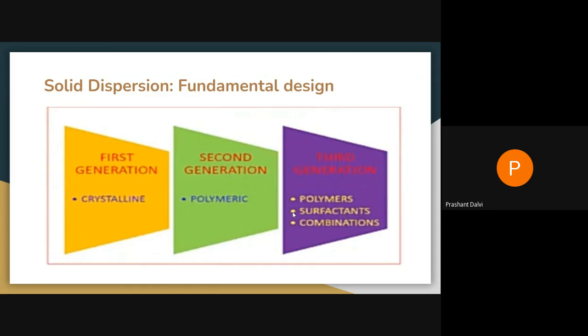And in third generation, polymers, surfactants, and combinations of both polymers and surfactants are generally used. So these are the different types of solid dispersions according to the polymer used.